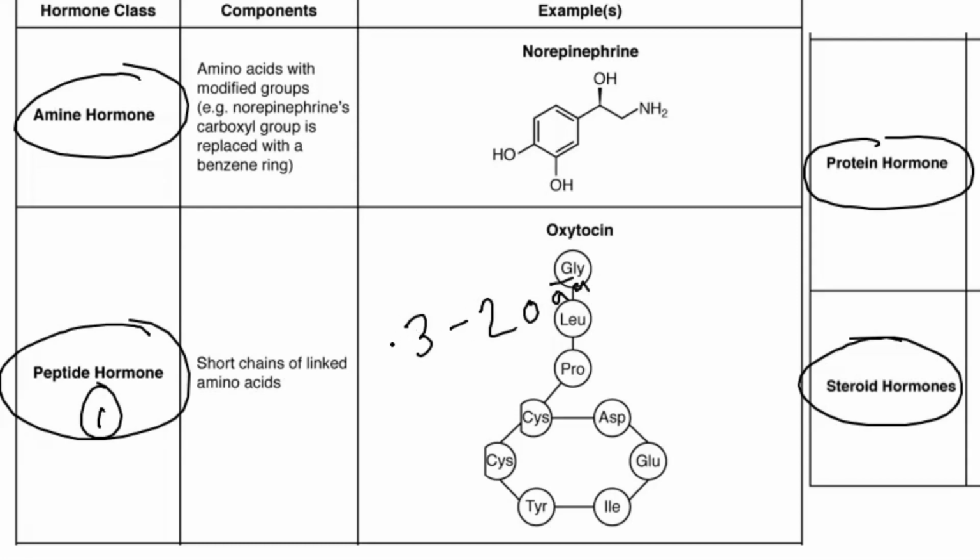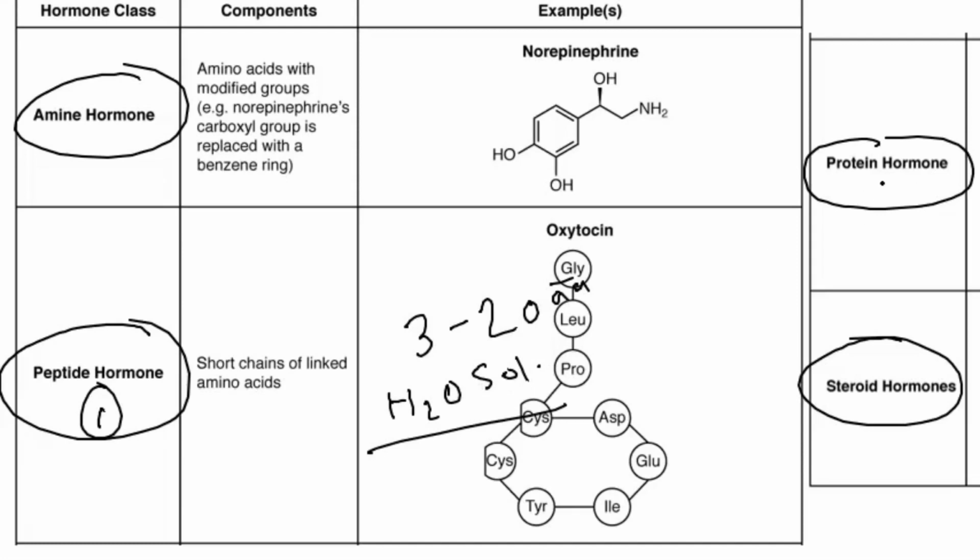Most of the hormones that we know of in the human body are peptides, and they are water soluble. So most of them are water soluble hormones.